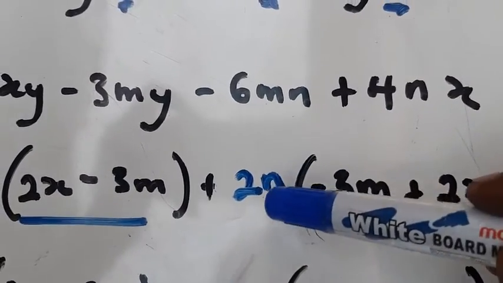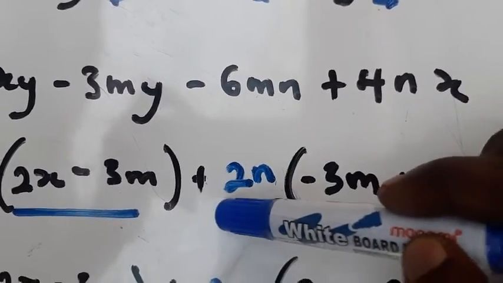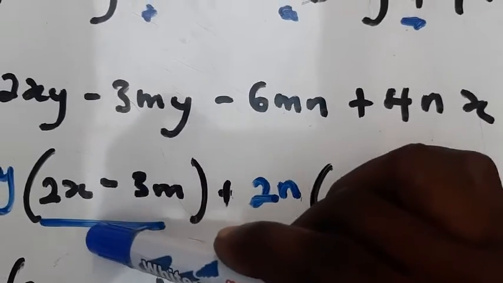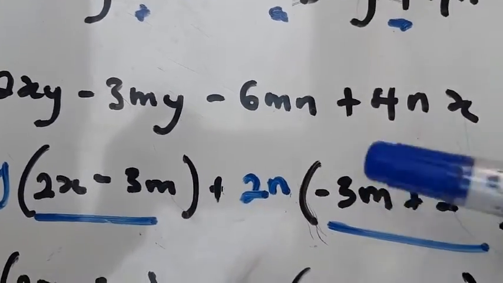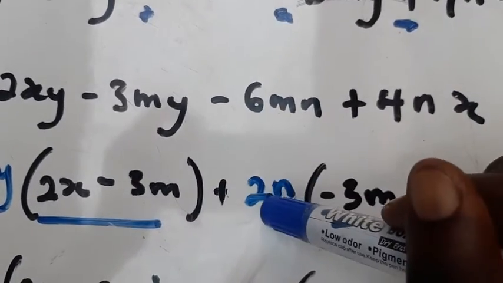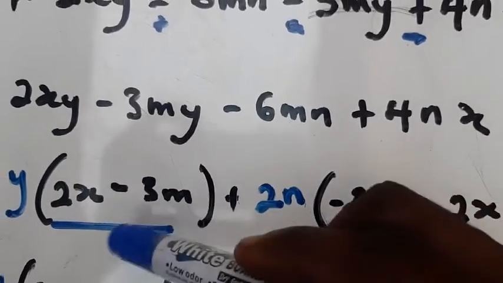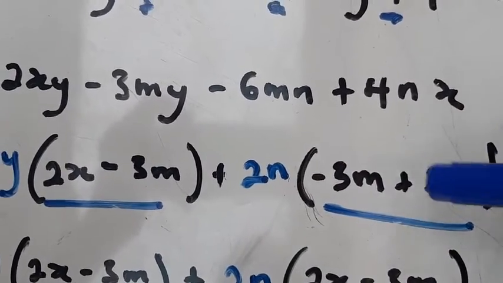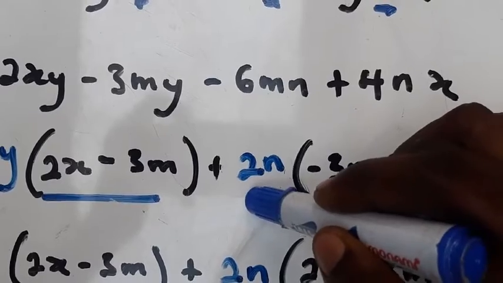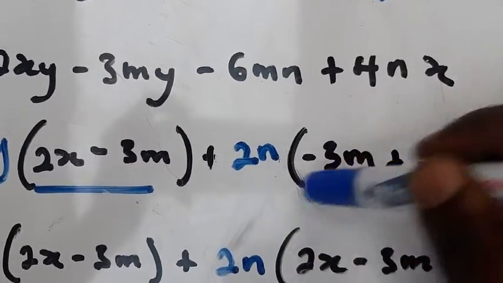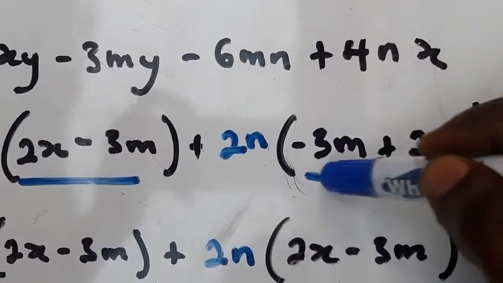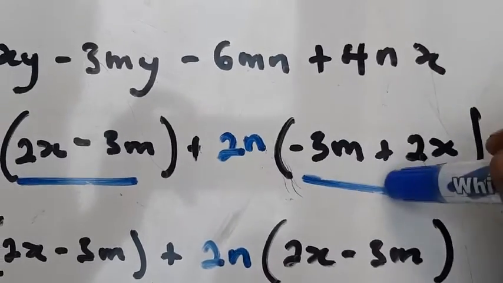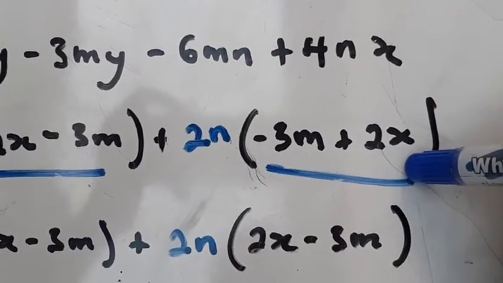Why negative? Why not negative here? Because if you brought a negative, you're not going to have these two brackets the same. You may try bringing negative 2n out and see whether the two brackets are the same. So with 2n out, we are left with negative 3m plus 2x here.